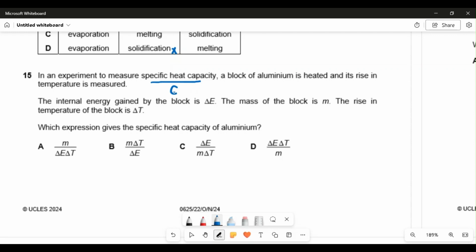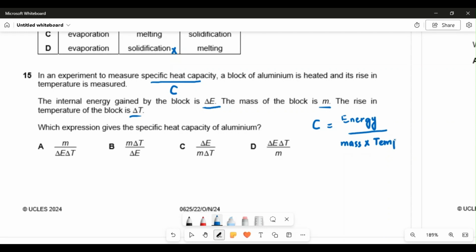The internal energy gained by the block is denoted by delta E, having the mass m, the rise in temperature is delta T. If I would like to remind you, specific heat is always equal to energy gained divided by mass times the change in temperature.